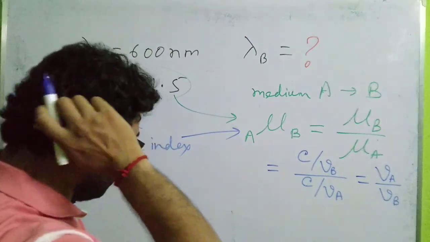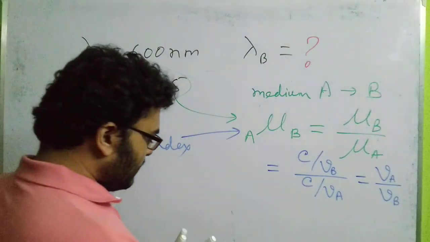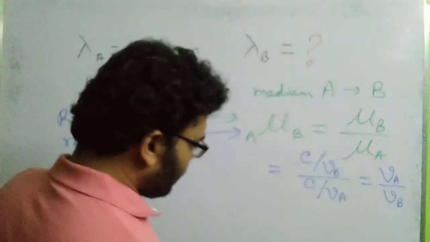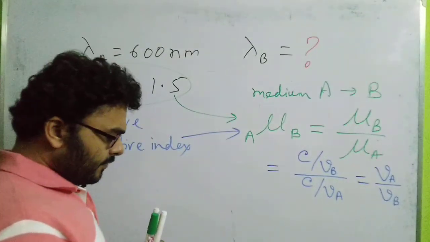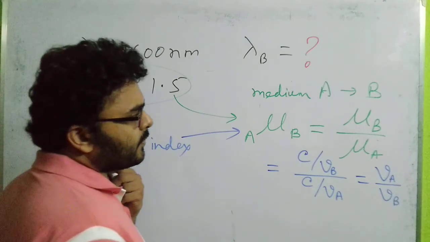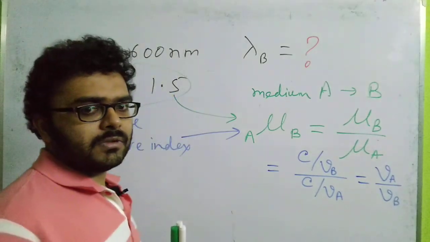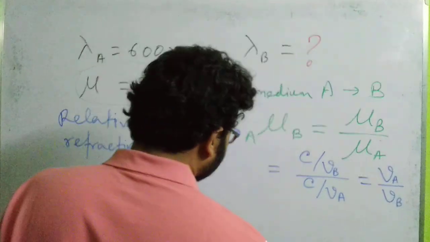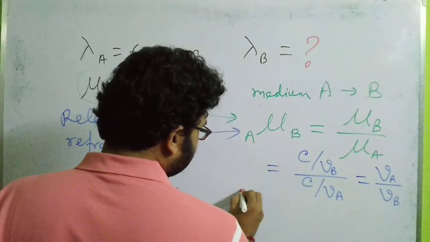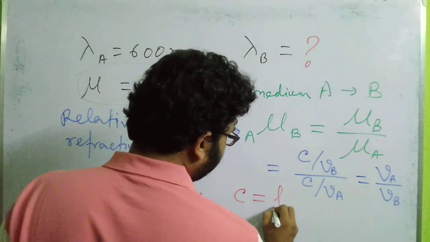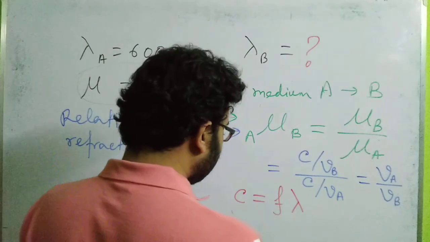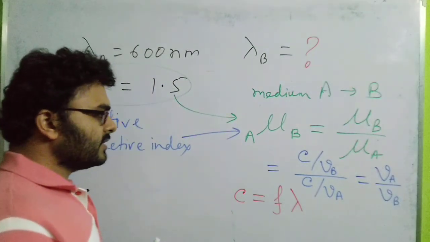Now there is another formula that we can use. The speed of light in any medium can be given as the product of the frequency and wavelength. When the light is traveling in vacuum, the formula is C equals F lambda.